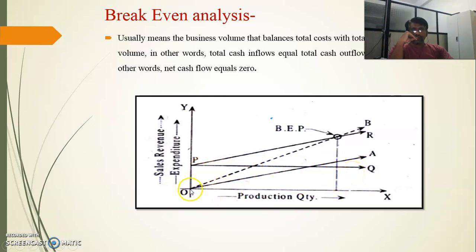Now the second line from the origin, OA, which we have plotted, represents the variable cost of production according to the number of components.